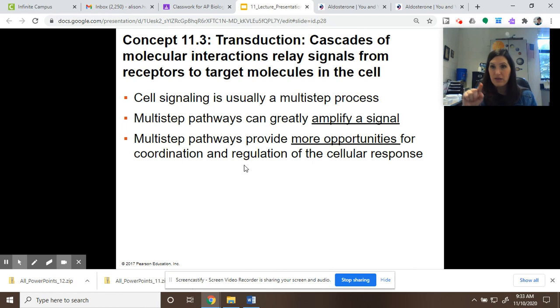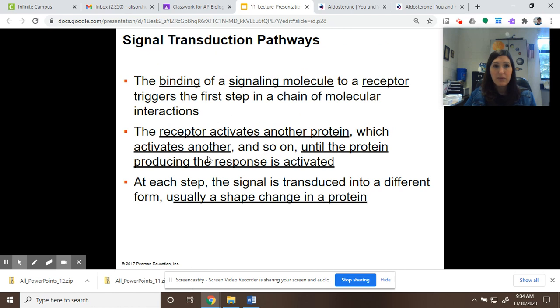Transduction, that's passing it down. Cascades of molecular interactions relay signals from receptors to target molecules in the cell. Cell signaling is usually multi-step. Multi-step pathways can greatly amplify a signal. Multi-step pathways provide more opportunities for coordination and regulation of cell response.